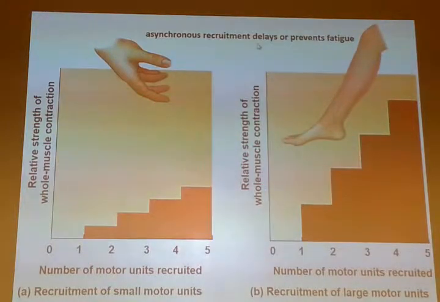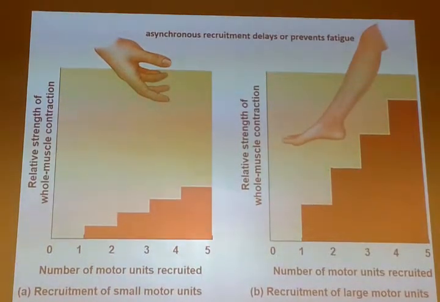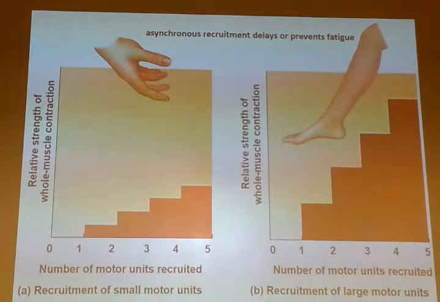Asynchronous recruitment means that you're not firing all your motor units at the same time, but you recruit some, you recruit enough to do the work. As those are fatiguing, then you will select some other motor units in that muscle to turn on, so they take over the power generation as the other motor units are fatiguing.